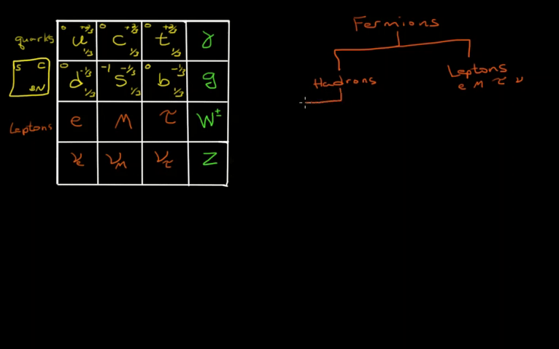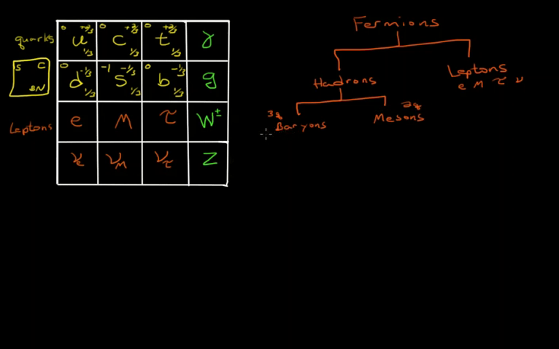So there's two kinds of particles made out of quarks. There's the baryons, which I mentioned before, and then the mesons. Baryons are made out of 3 quarks. Mesons are made out of 2 quarks. One of them is a normal quark and one is an anti-quark. Baryons don't have that.